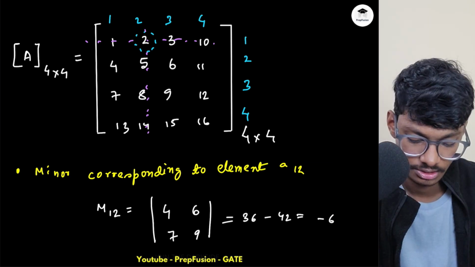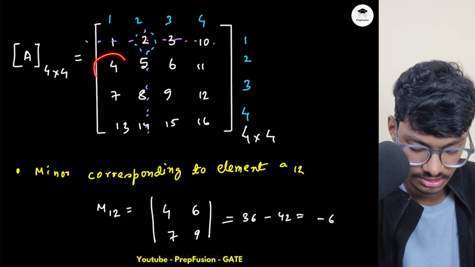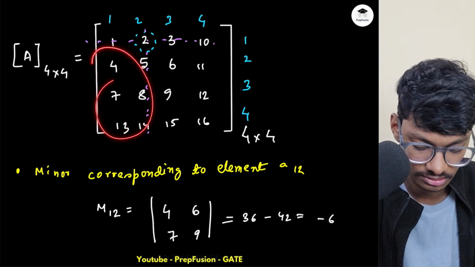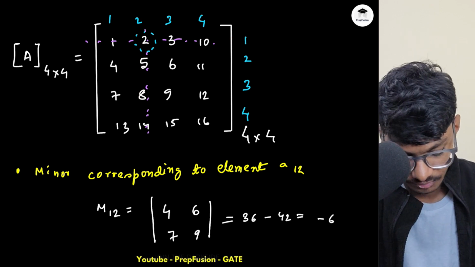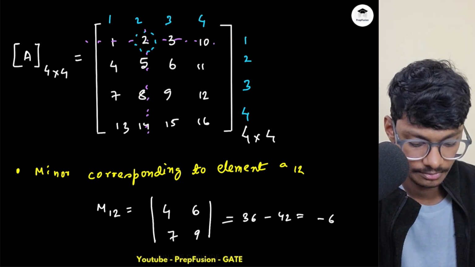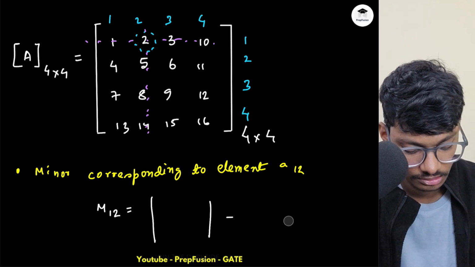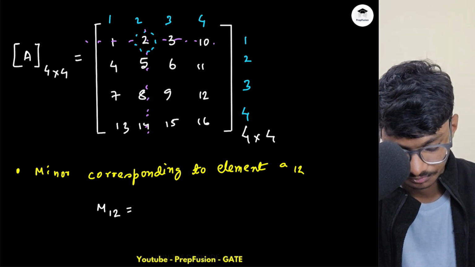Now things have changed. Now we have more elements. As you can see, we have to write as it is whatever is present, excluding the row and the column of that particular element. So basically we see a 3 cross 3 matrix right now. So we have to compute a 3 cross 3 determinant instead of a 2 cross 2.